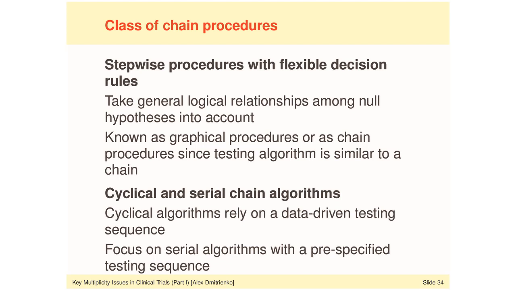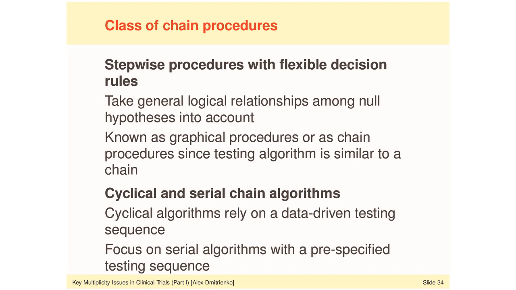I will give an example of a chain procedure in a minute, but first let me make a quick comment. Chain procedures, or once again graphical procedures, can be implemented using 2 equivalent testing algorithms. First, cyclical algorithms can be applied, and these algorithms rely on a data-driven testing sequence. But here in this module, I will focus on serial algorithms that assume a predefined hypothesis ordering, and that is simply because in this module we talk about multiplicity problems with a pre-specified testing sequence.